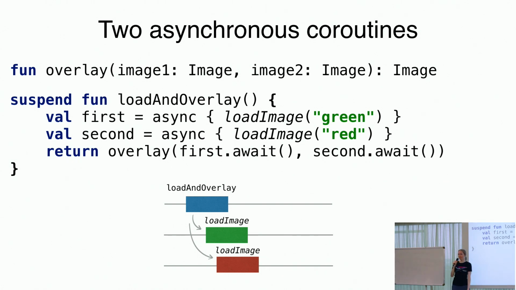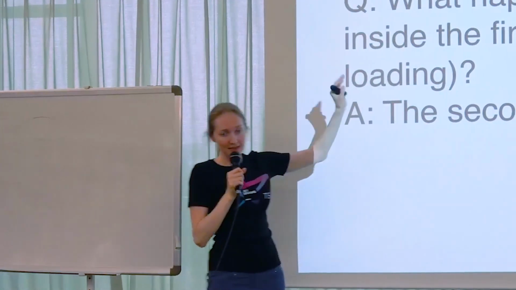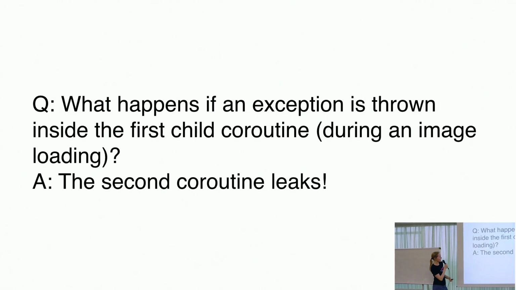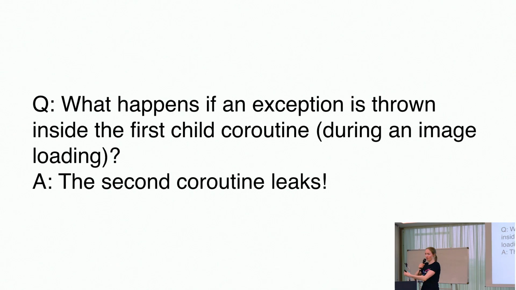It all works fine and well. The question here: what happens if one of the loadings throws an exception? What happens if an exception is thrown inside the first child coroutine? We have a problem that the second image continues to be loaded, right?